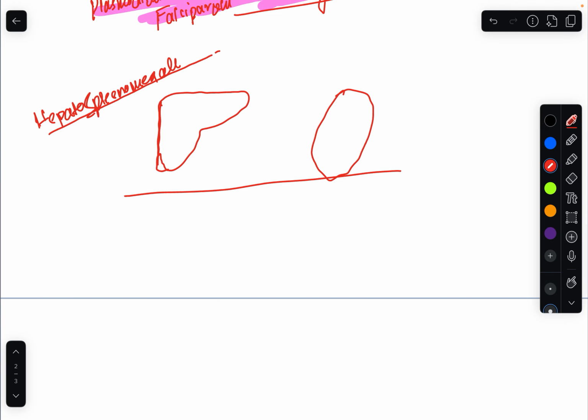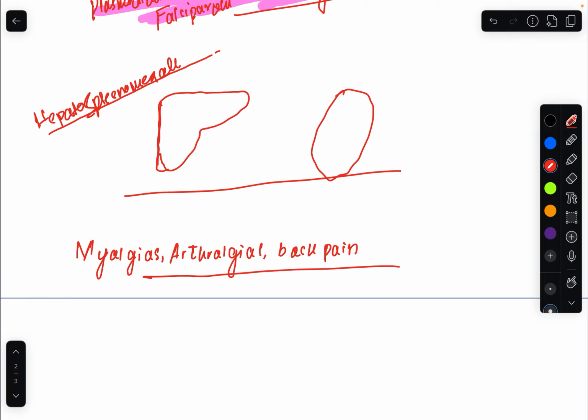And besides this, you can see severe myalgias, arthralgias, and back pain. So you can see these features in uncomplicated malaria. First is fever, then hepatosplenomegaly can also be seen. Besides this, there could be myalgias, arthralgias, and back pain.